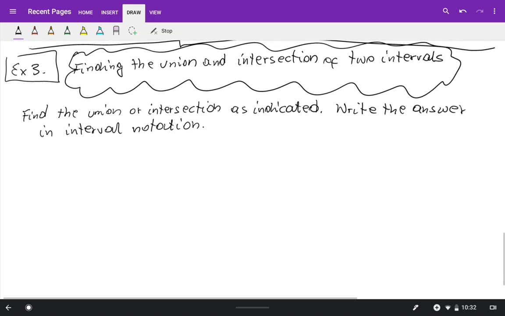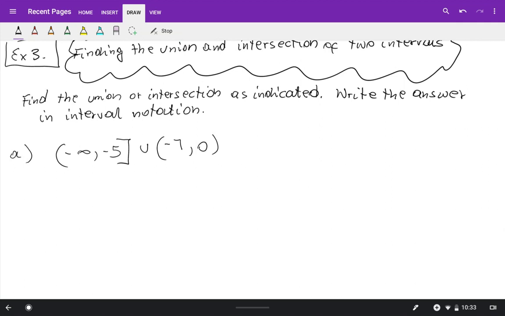Okay, so A, this is what we have. We have interval from negative infinity to negative 5, bracket, U, which stands for union, interval from negative 7 to 0. So here again, they're not saying this is set A, this is set B, but you guys can see that we're adding elements together. So I'm asking for union, okay?